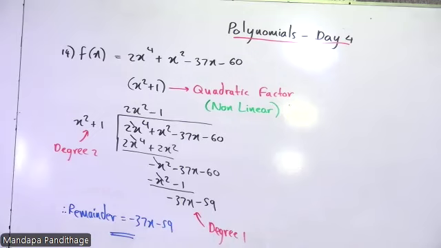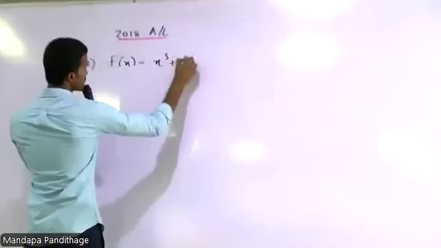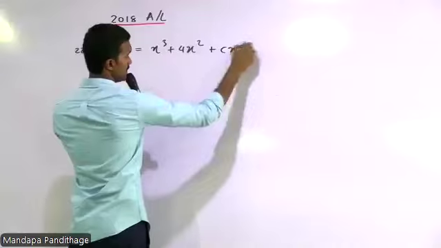Same thing, you have to apply the factor theorem and remainder theorem. Okay, so I'll explain this because what matters is the next question that we will be doing. In that one, I need the entire class to get answers. Okay, let me go. So here, what does the question say? They have given that f(x) is equal to x cubed plus 4x squared plus cx plus d.